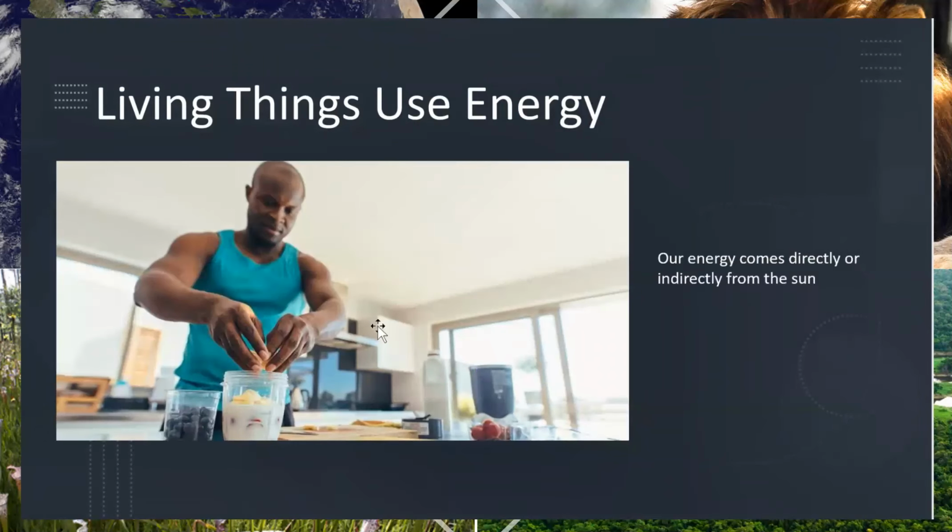Now, looking at this guy here, he's preparing some type of smoothie or shake. He's not standing outside receiving direct energy from the sun, but the food that he's eating, which are plants, received their energy directly from the sun. So in turn, he's indirectly receiving energy from the sun.